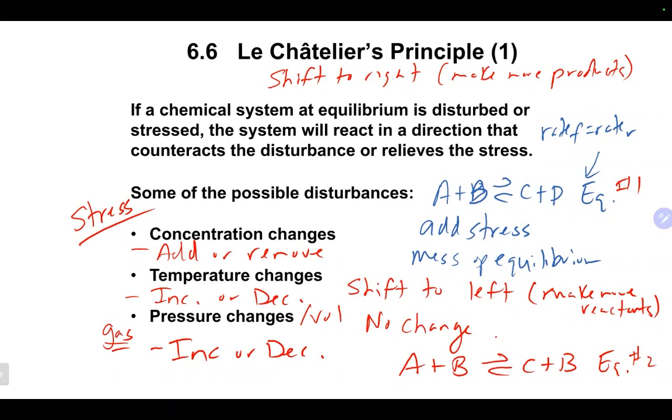So let us start with concentration and see what happens if we play with it. Looking at concentration, there are two things you could do, which is add more. That means you could add more reactants or you could add more products.